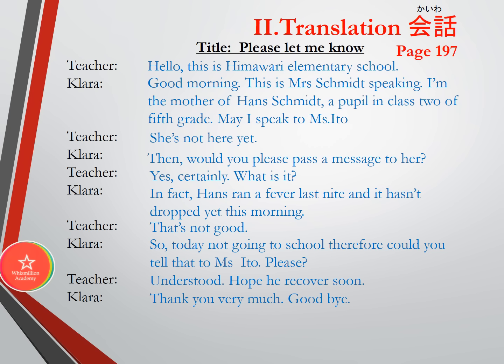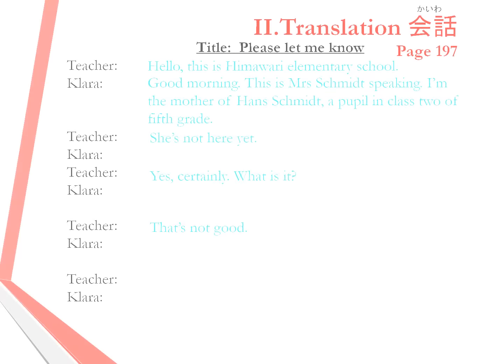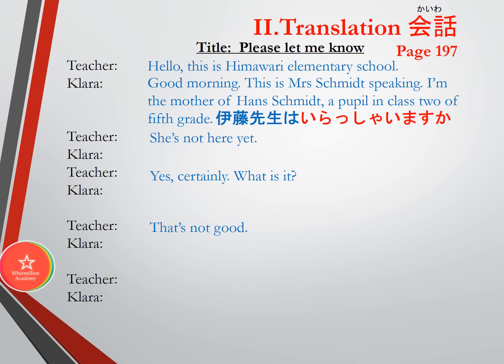Well, in this conversation, Clara-san is using sonkeigo. And if we have to identify the keigo that she's using, the first one is when Clara-san is asking where Ito sensei is. Ito sensei wa irashaimasu ka? In place of imasu, it becomes irashaimasu.